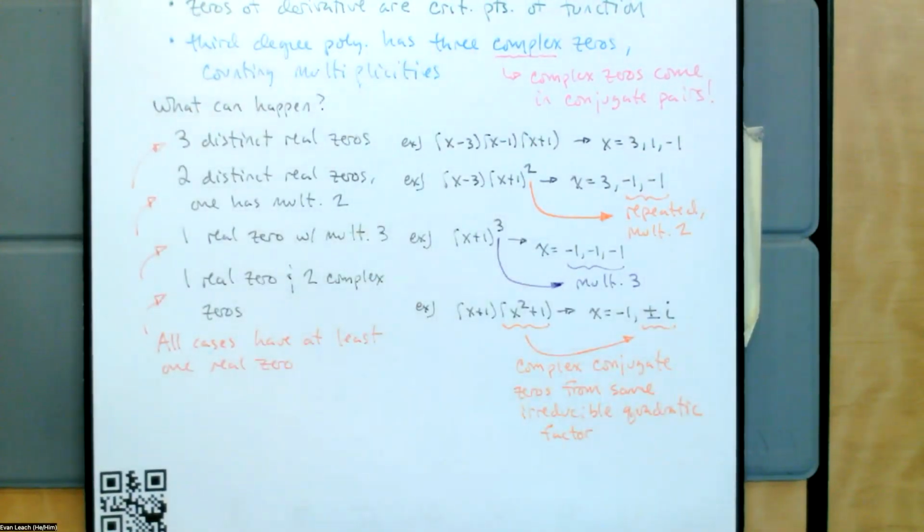All four of these cases have at least one real zero. Let's combine that with what else we know about a third degree polynomial function.